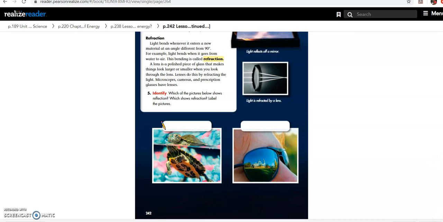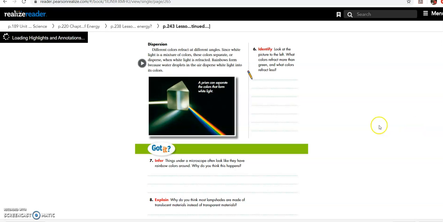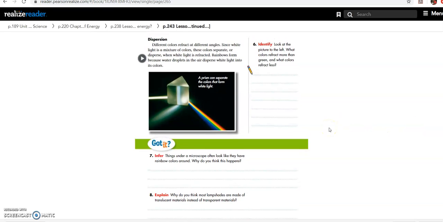All right, good. We have one more way light can go through something, and that is dispersion. So different colors bend or refract at different angles. Since white light is a mixture of colors, when I pass it through something, sometimes the colors can separate or disperse, forming rainbows.